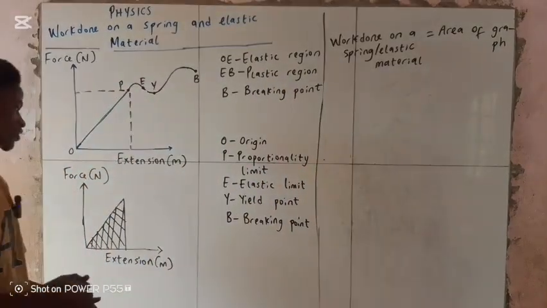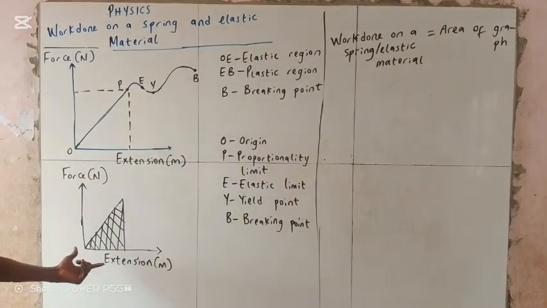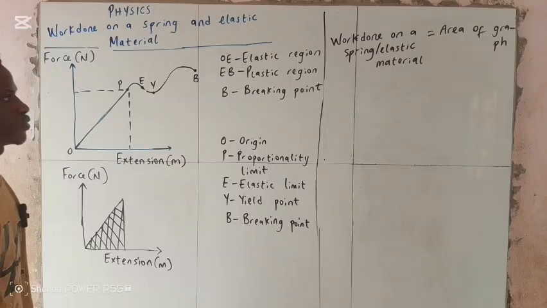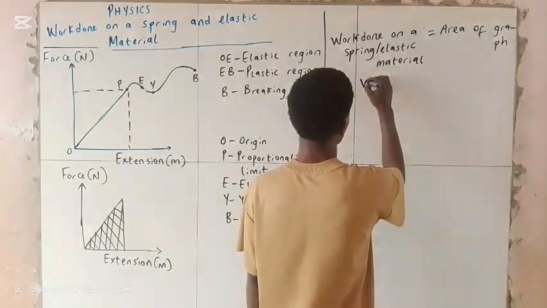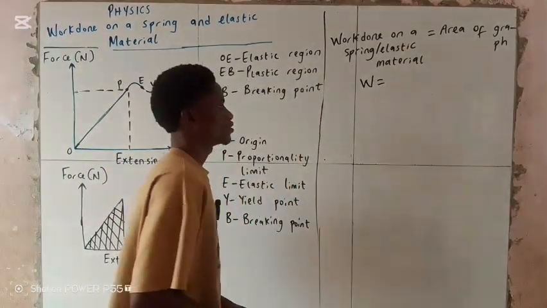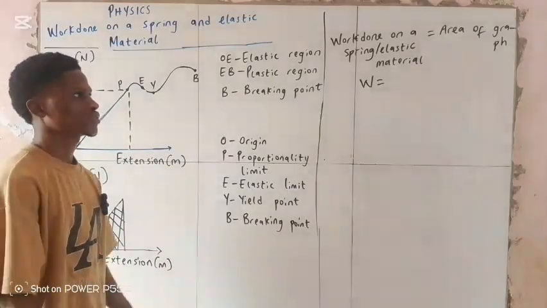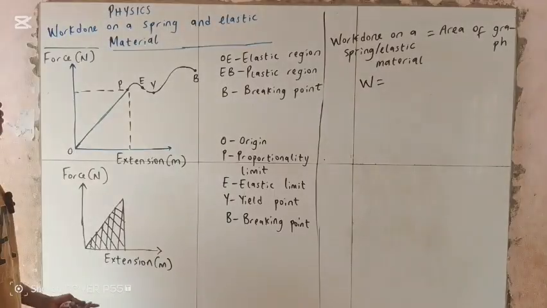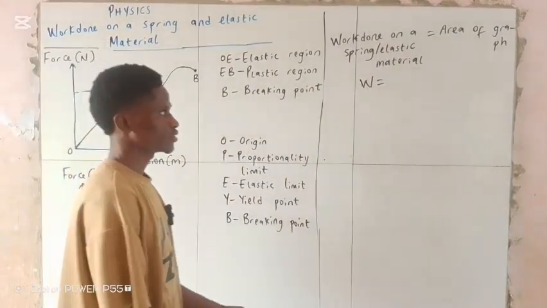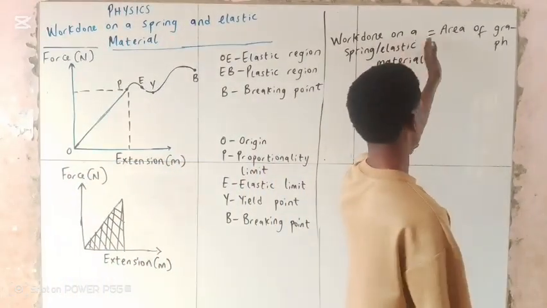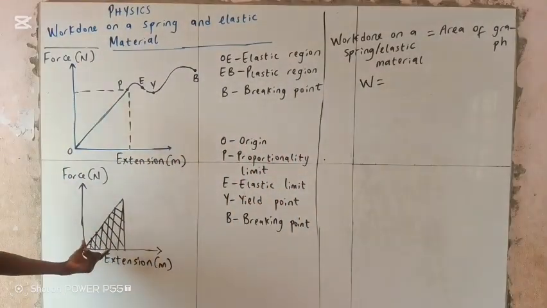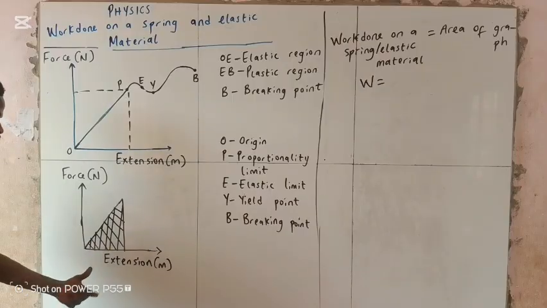Now, if we check this shape, it is a triangle. So we can say work done equals the formula for a triangle. Area of a triangle is half base times height. We said work done equals the area of the graph, and the area of this graph is a triangle, and the area of a triangle is half base times height.